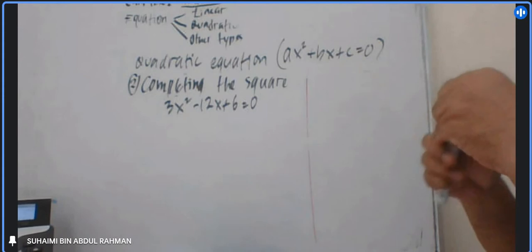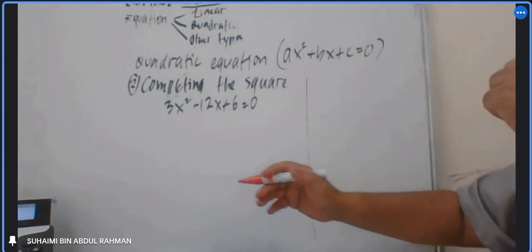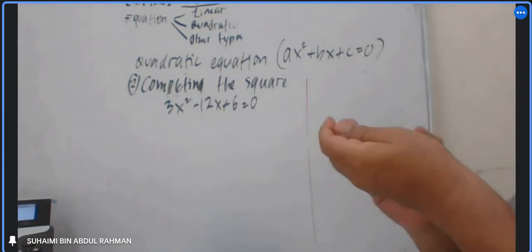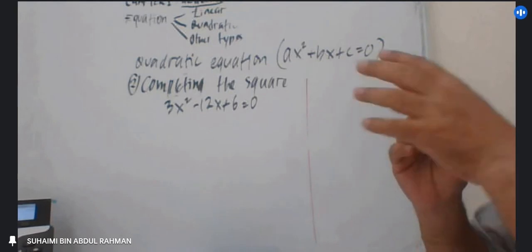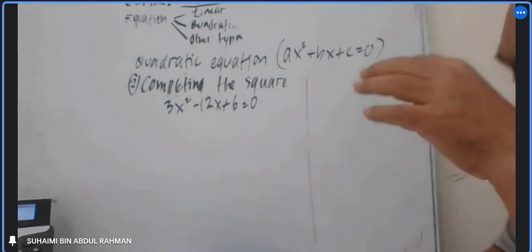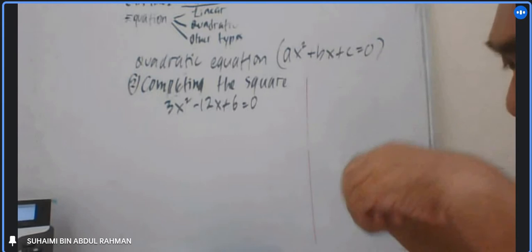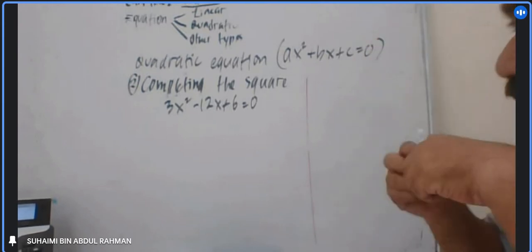What we have to do first is divide all by 3. Divide by 3. Also can divide by 3, right? Yes, divide by 3.